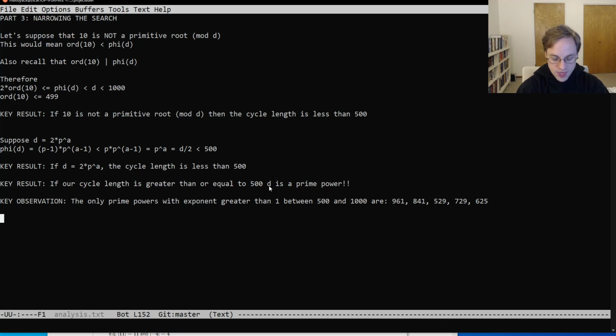And we'll just note that 961 is equal to 31 squared. 841 is equal to 29 squared. 529 is equal to 23 squared. 729 is equal to 3 to the 6th. And 625 is equal to 5 to the 4th.